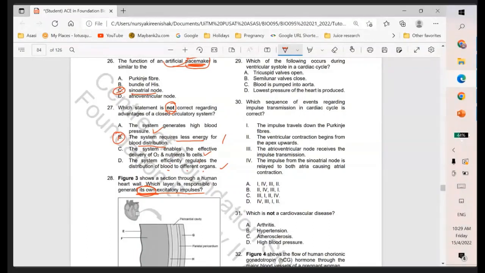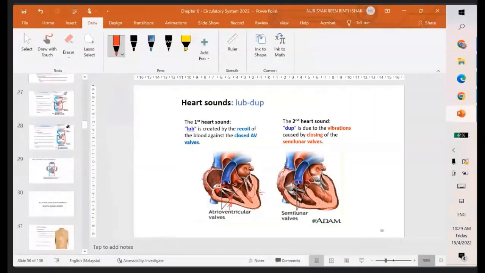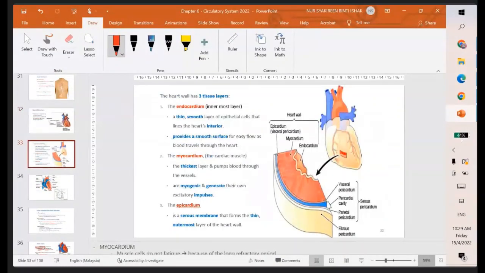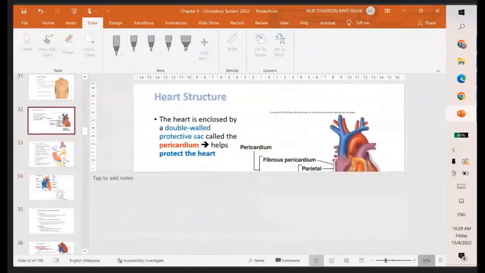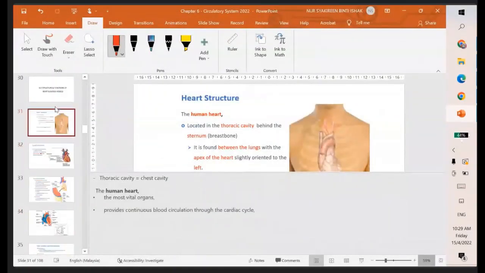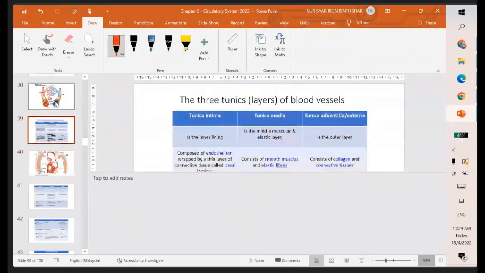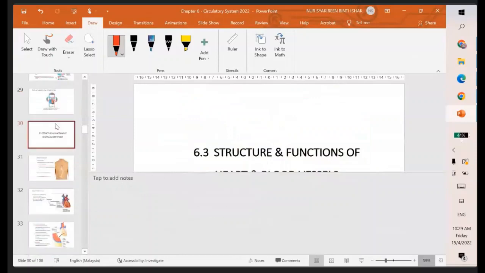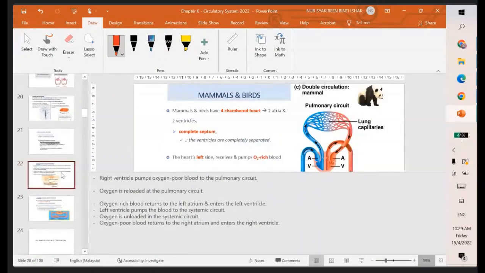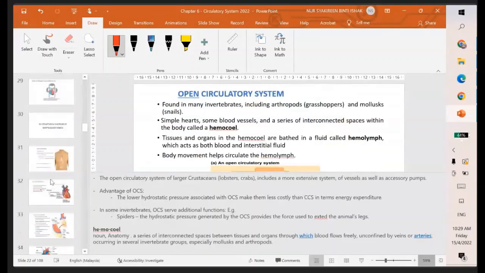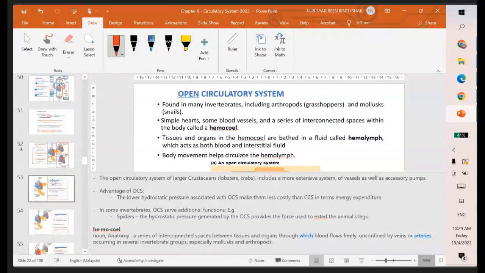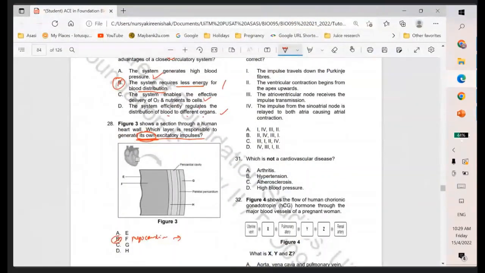So that is called, let me check the notes so I don't make a mistake, but it's not actually in the notes. One is the myogenic heart. The other one is neurogenic, if I'm not mistaken. That is from the impulse from the brain, for some other animals.